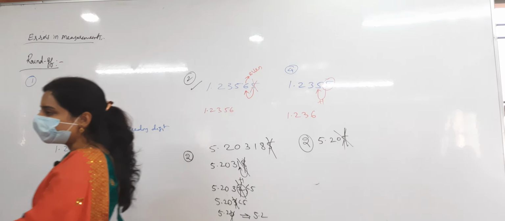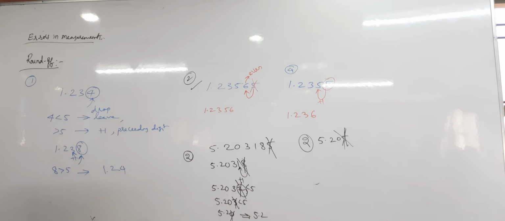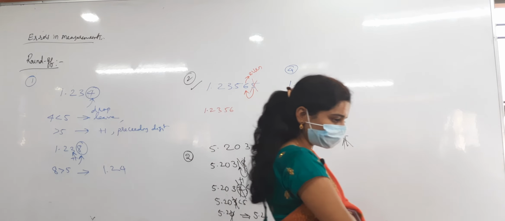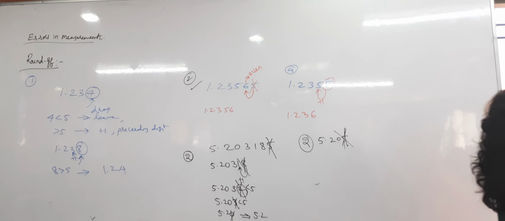If it is even, then drop the 5 and take the value as it is.